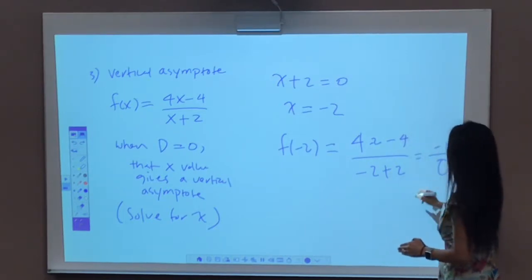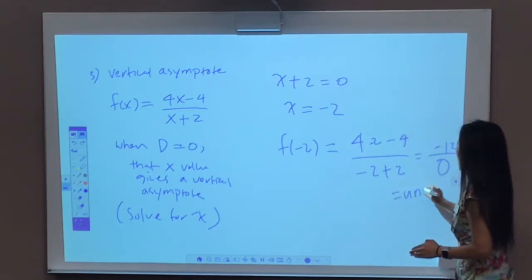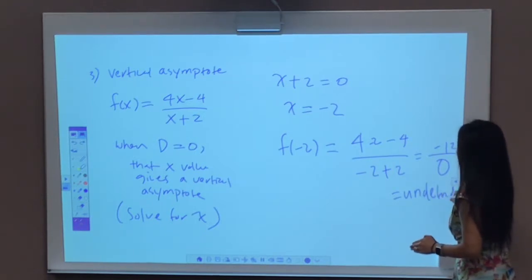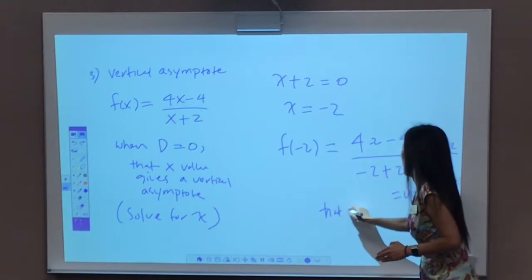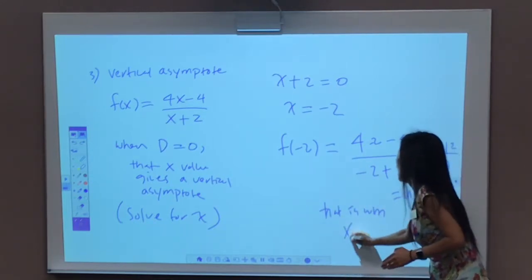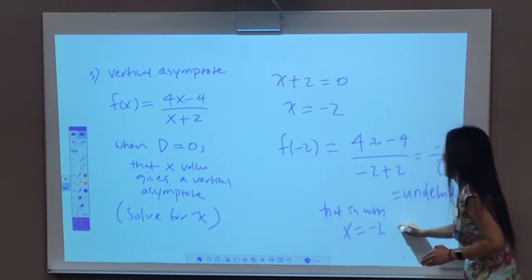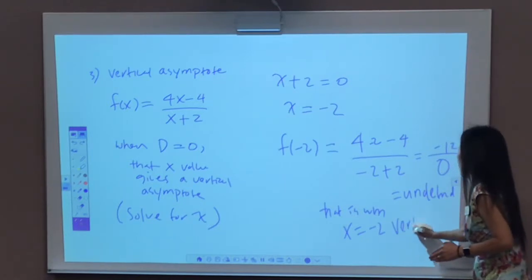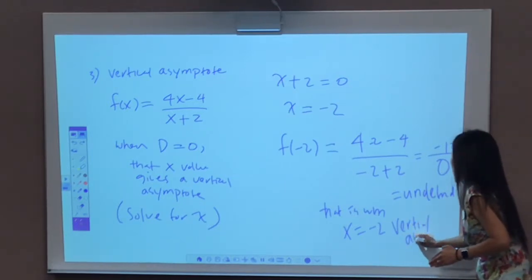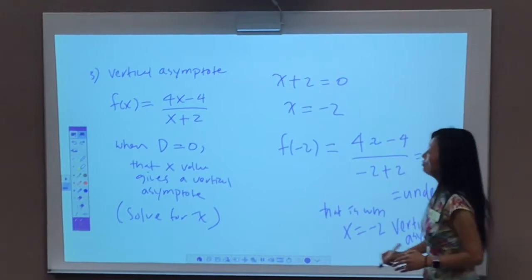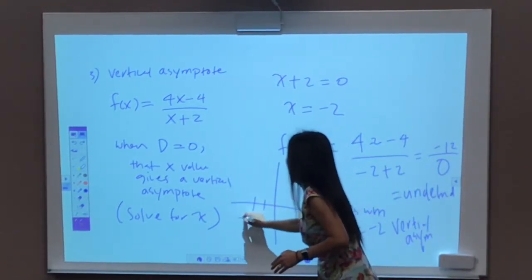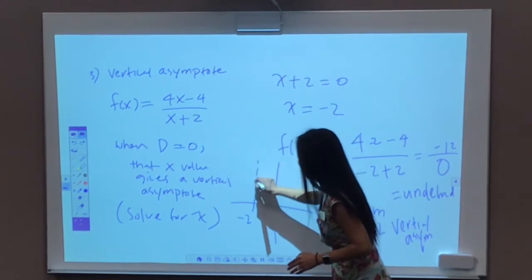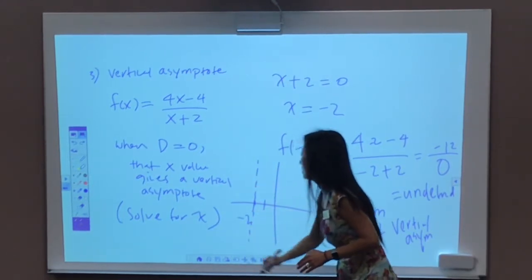That is why x equal to negative 2 is the vertical asymptote. Which means if I graph at negative 2, you're going to have a dotted line. That means you don't have a y value at negative 2.